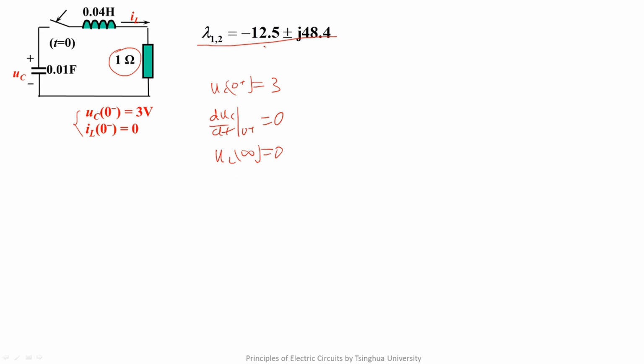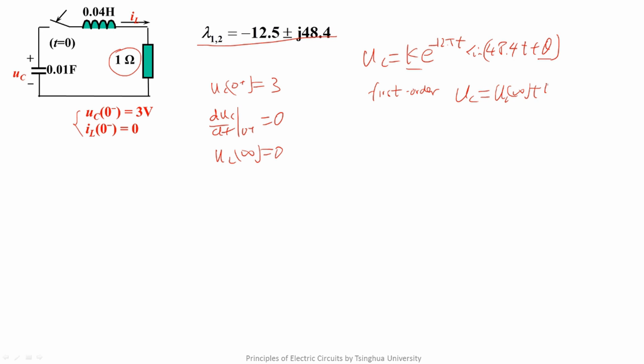The steady state value of uC is equal to 0. How can we further use these two characteristic roots? We might as well write out the general solution of uC like this. Here K and theta are undetermined coefficients. In the first-order circuit, uC must be equal to uC steady state plus (uC(0+) minus uC steady state) times e to the power of minus t over tau.